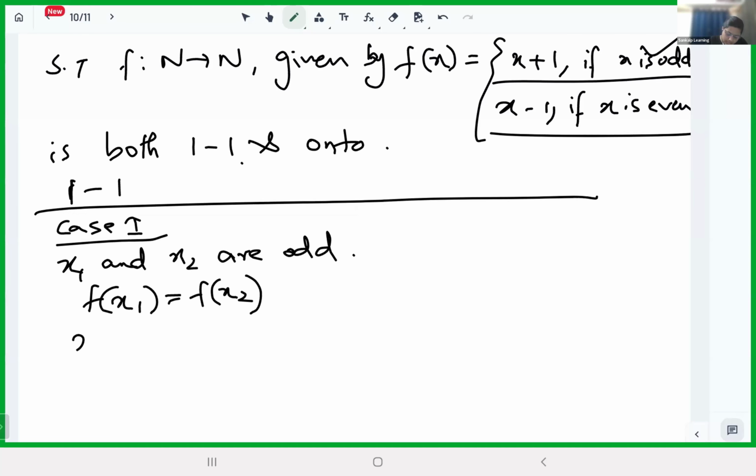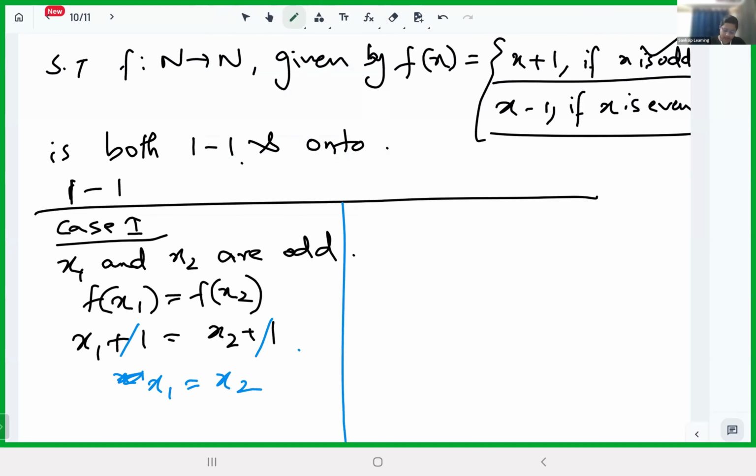Replace x with x1: x1 plus 1 equal to x2 plus 1. You can cancel this 1, so x1 equal to x2. So when x1 and x2 are odd, we started from f of x1 equal to f of x2, and we obtained x1 equal to x2. The condition of one-one is satisfied in that case.